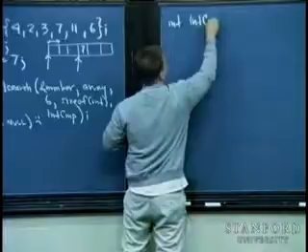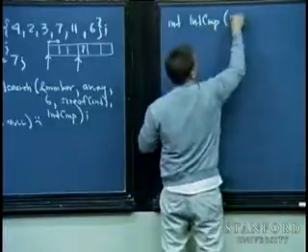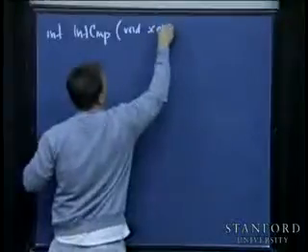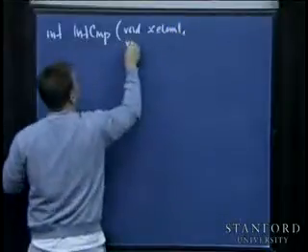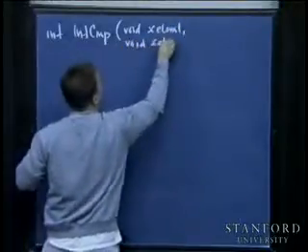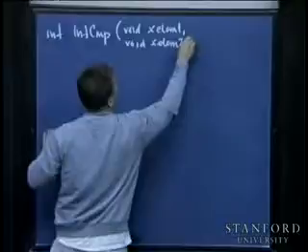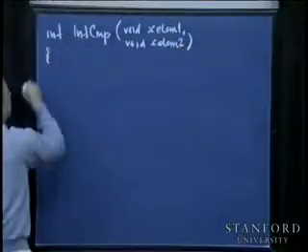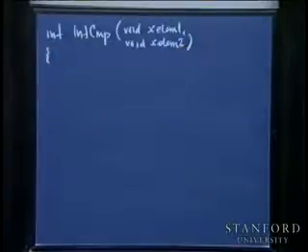It just has a lot of asterisks involved. Void star elem1, void star elem2. Let's write the 7 right here. This is the thing called number.